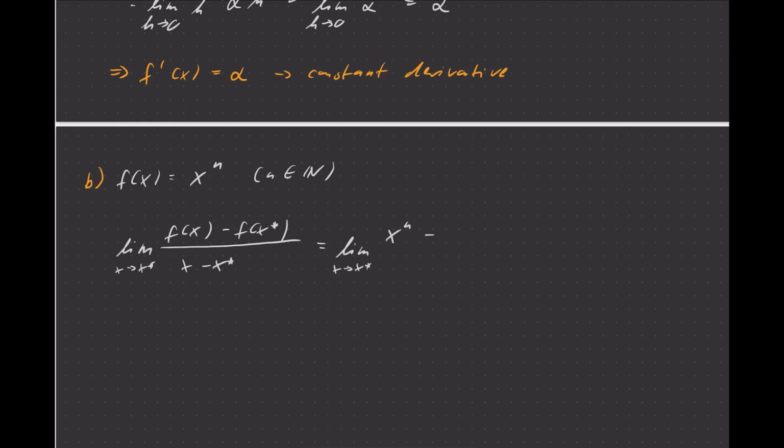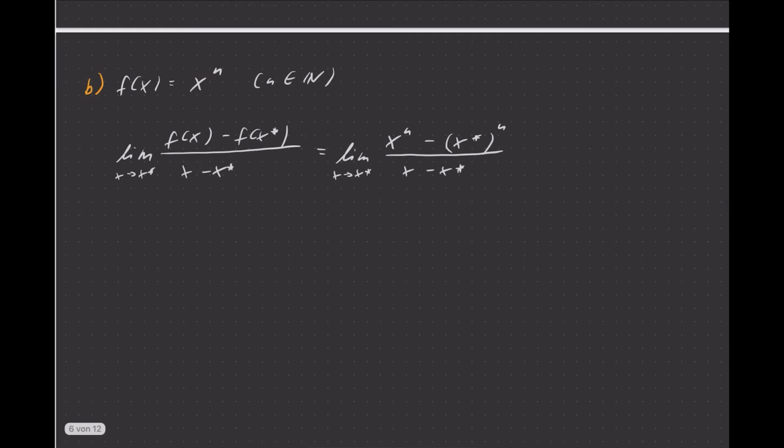F of x star is x star to the n. And of course, we divide that by x minus x star. Another trick that we're going to use is we're going to factor this factor out of this expression here. So what we will get is the following limit.